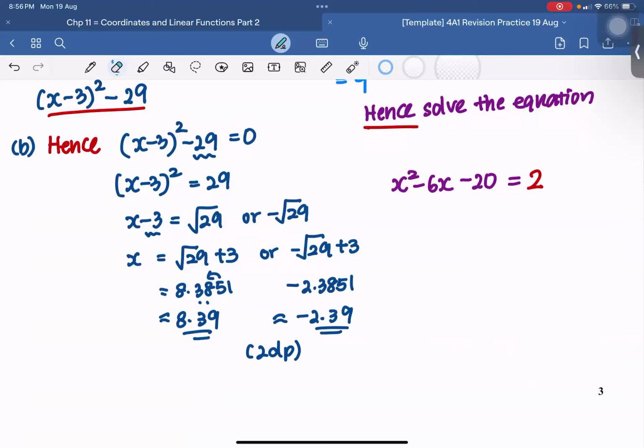So if it's like that, this part is exactly the same, then I can just happily replace it using this completed square version. Just that the number over here is no longer 0, it changed to 2. That's all. Still can be solved.